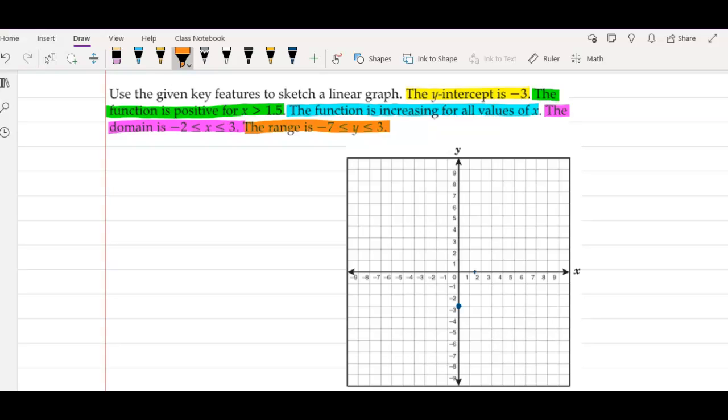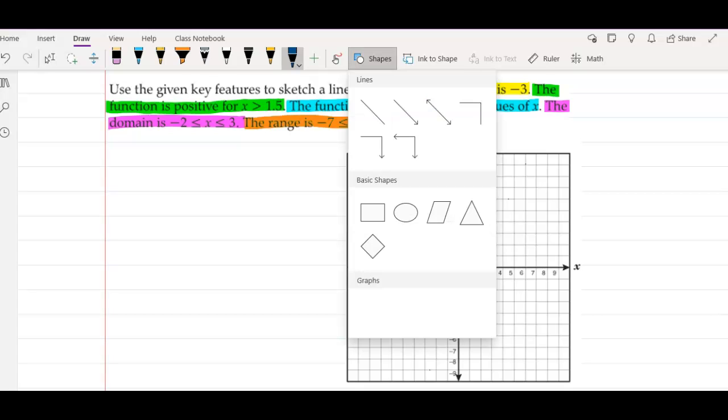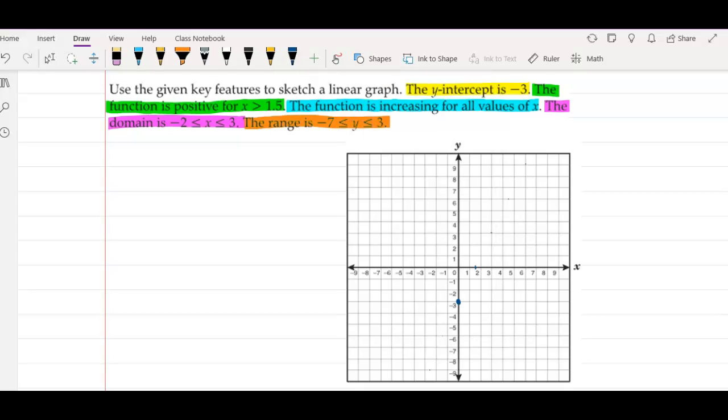All right, so what's this going to look like? Well, I know this is a y-intercept. I know that it's going to cross from negative to positive right here. So next I'm going to just draw a straight line through my y-intercept and through 1.5, because I know that's the point where it changes from negative to positive.